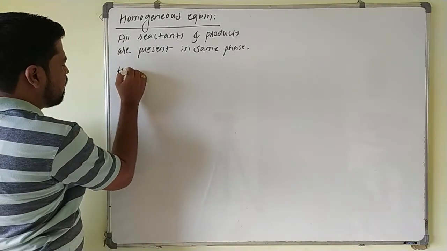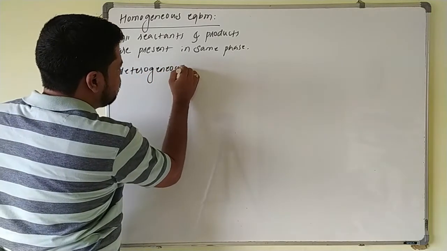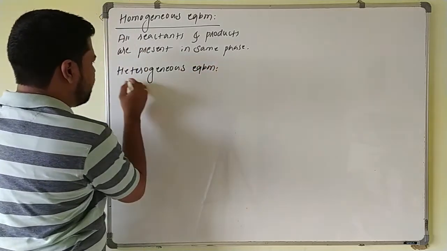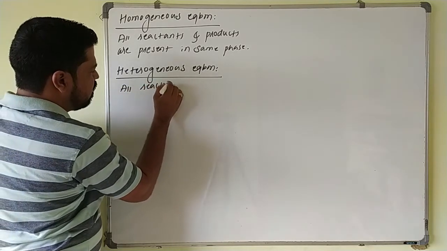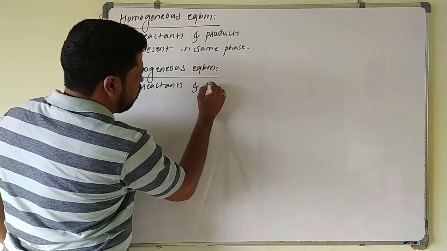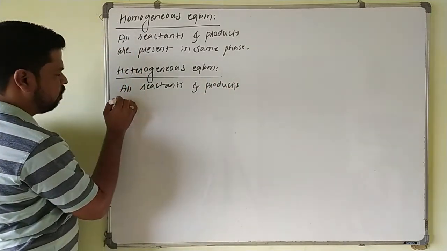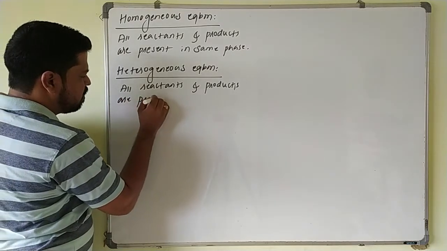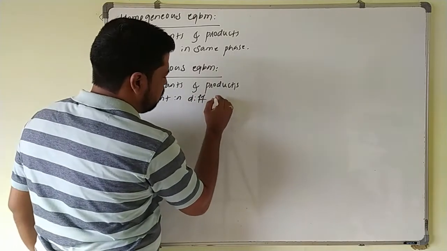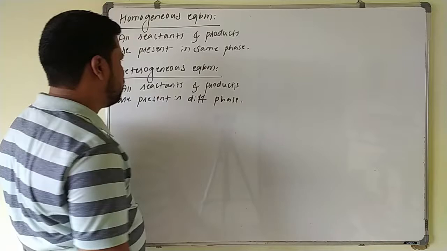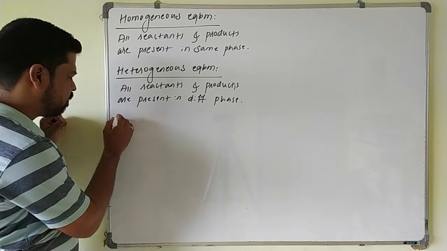If the reactants and products are present in different phases, that is called heterogeneous equilibrium. So for heterogeneous equilibrium, all reactants and products are present in different phases.